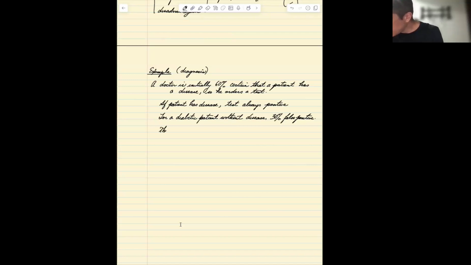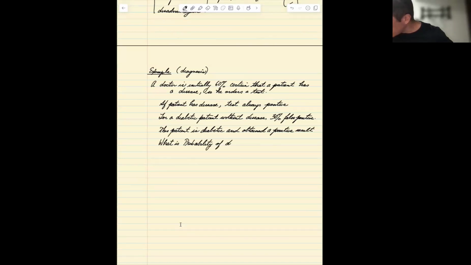This patient is diabetic and obtained a positive result. So then what's the chance that the patient has the disease? What is the probability of disease?